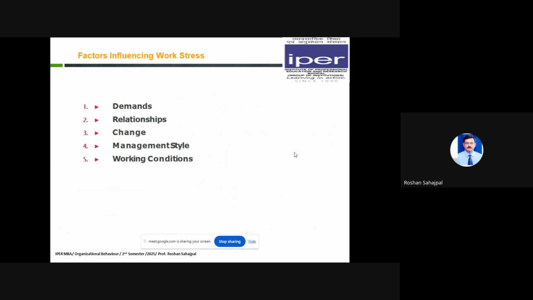Change. So any kind of change will bring in stress. Change in the organizational culture, change in the organizational structure, change in the organizational leadership will cause stress, because now the employee has to adjust to this change, which is kind of stressful in nature. Management style, if it is autocratic, dictatorial, one-sided, no communication, employees can't say their thing and they have to just be listeners, then of course this will be a stress.